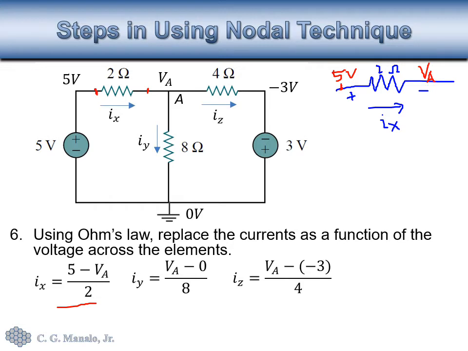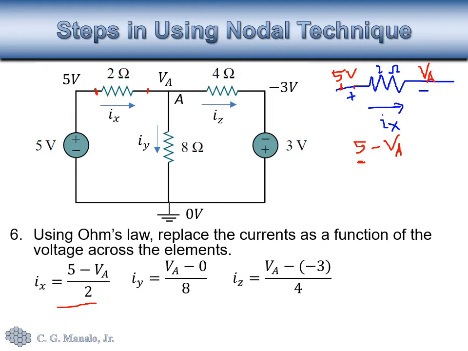Now the voltage across an element is also the potential difference of its terminals. So the potential difference is 5 minus VA. So we write the first potential where the current enters. So the current enters at this point. So therefore we write 5 minus VA where the current exits the element.